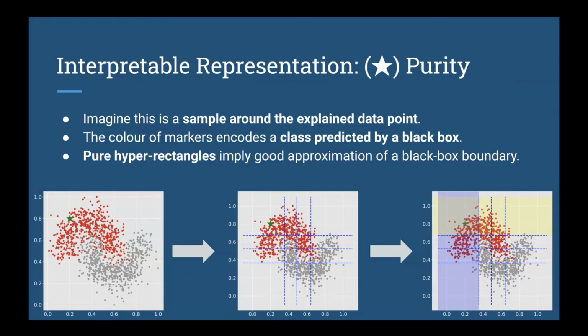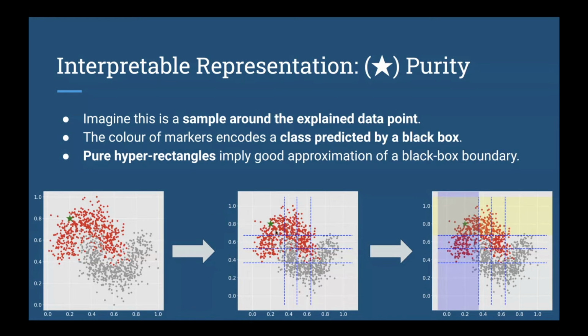What you try to achieve with both discretization and binarization is trying to approximate the black box decision boundary, because in the end, you are trying to kind of figure out how the black box decision boundary goes in the neighborhood of the explained instance.